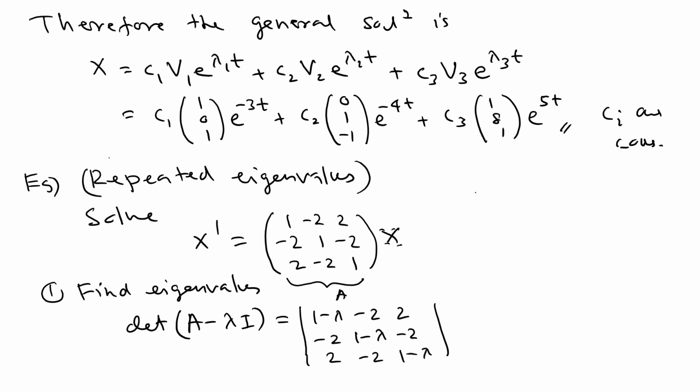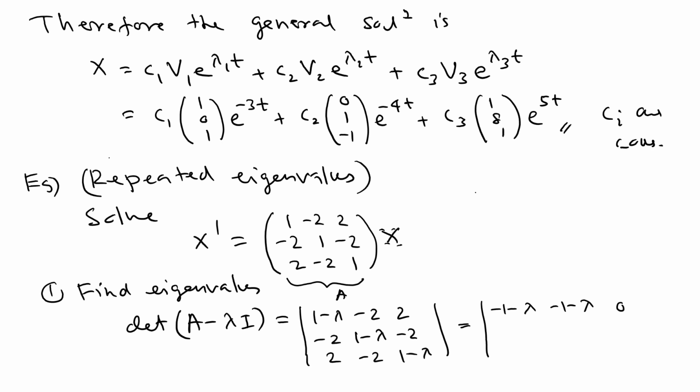We can use some algebra to make things easy. I'm going to add row 1 to row 2 because it doesn't change the determinant. It makes it simpler but doesn't change it. If you do that, you get -1 minus lambda, -1 minus lambda and a 0.